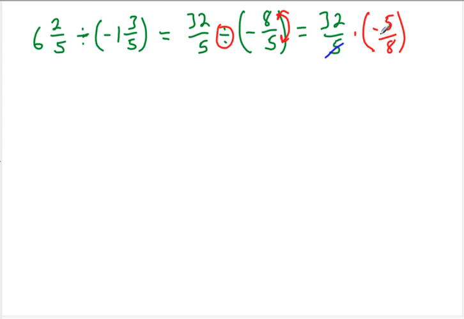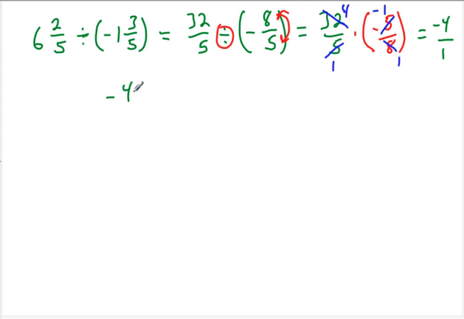So the 5 and 5 cancel out, but that negative is still here, so we have to put a -1 and 1. Or the negative could just be in the middle of the fraction. Either way, we have to know that the negative is going to be part of the answer. And then 8 and 32, that goes in 4 times. So what we have is -4/1, or just -4.